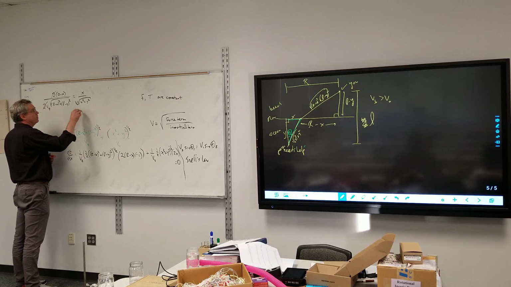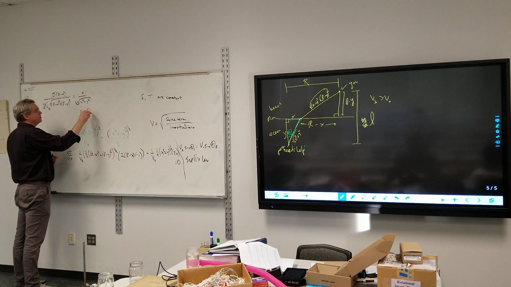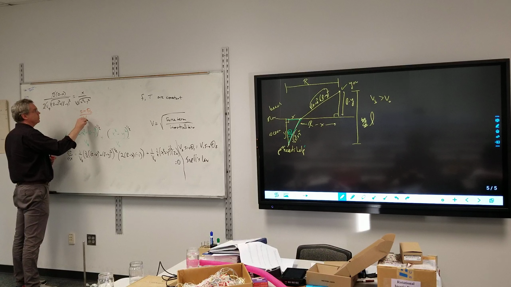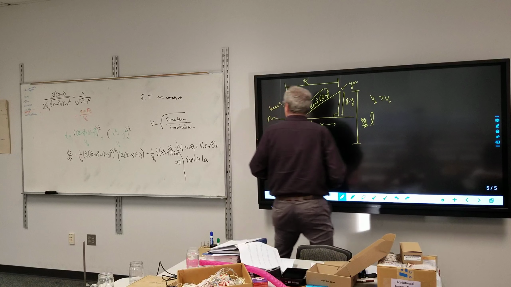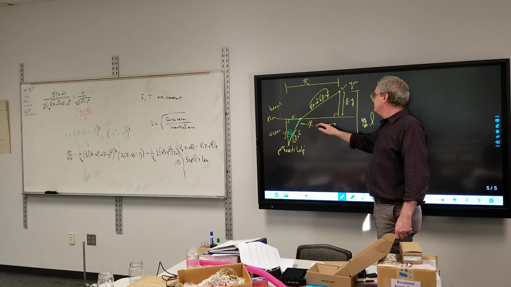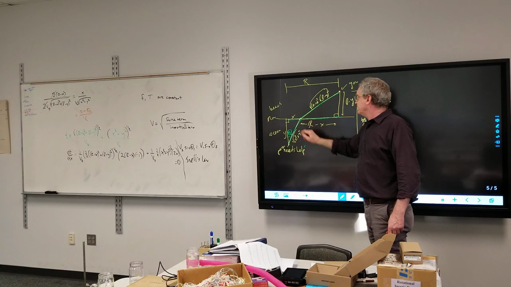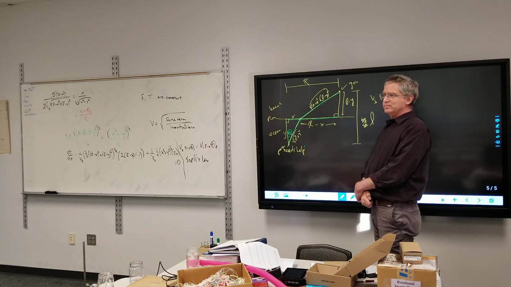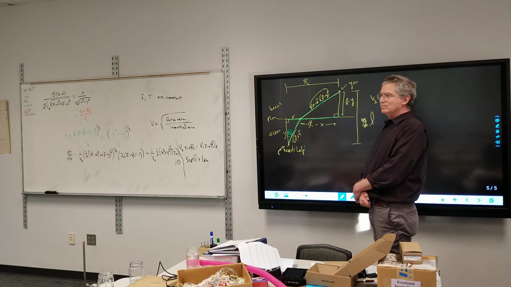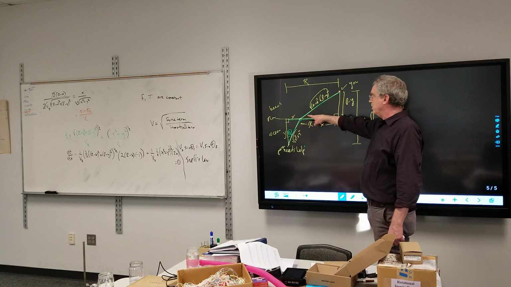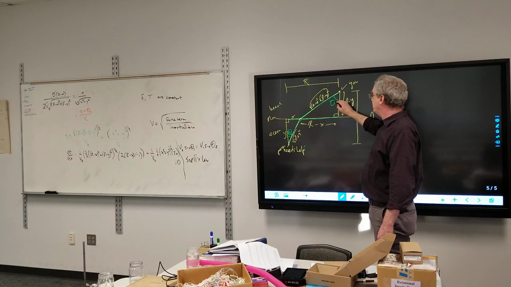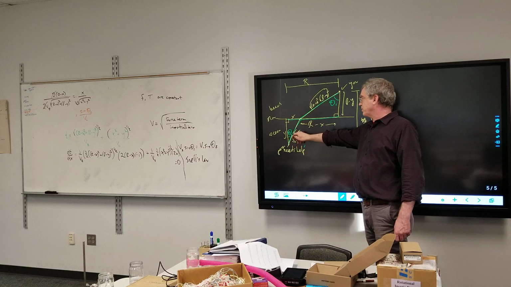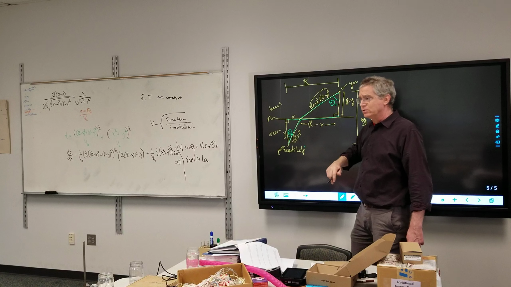So this is just sine of theta sub o over v sub o. And on the other side, we have r minus x divided by that, just cosine of whatever that angle is. Since we're taking the angle here with respect to the vertical, let's take the angle with respect to the vertical.